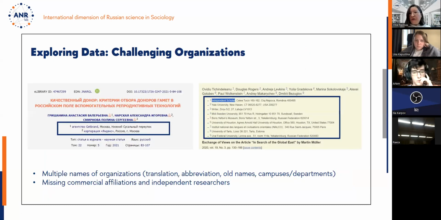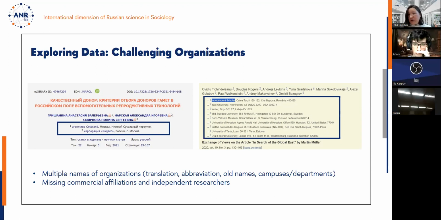Another problem with the authors and affiliations was the case of commercial organizations, for some reason not indexed by Web of Science. So the publications had this field, but, for example, if an author works for a commercial organization, here we see the example of Yandex, for some reason this data was missing in the Web of Science metadata.